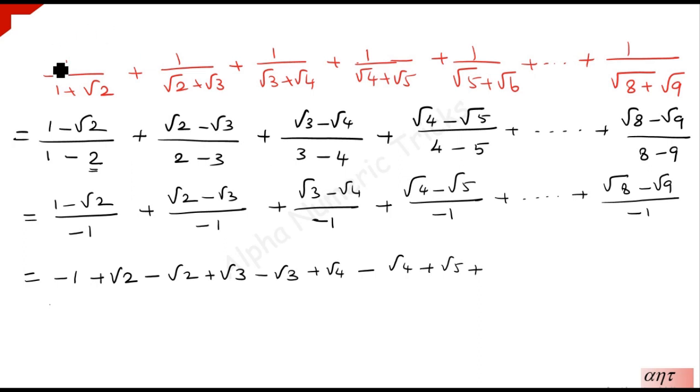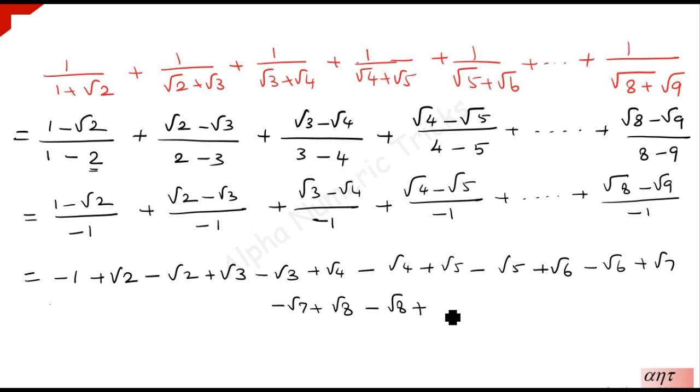Plus what about the next term? Sorry, here you have a minus, so minus root 5 plus root 6. The next term will be minus root 6 plus root 7. The next term is minus root 7 plus root 8. The next term is minus root 8 plus root 9. We get the last term.